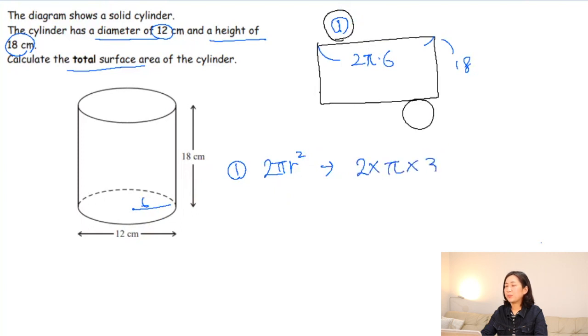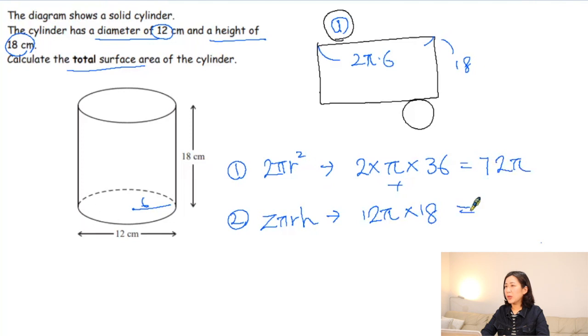That's the two circles, and then the rectangle will be 2 pi r h, and r is 6, so it's 12 pi times 18. Now let's calculate them together. The circles will be 72 pi, and then the area of the rectangle will be 216 pi.